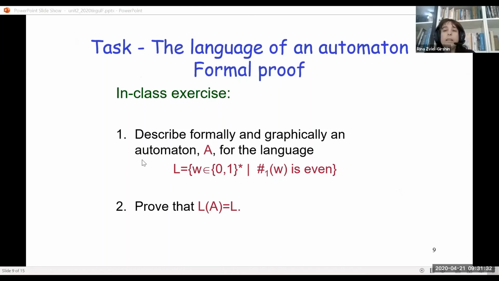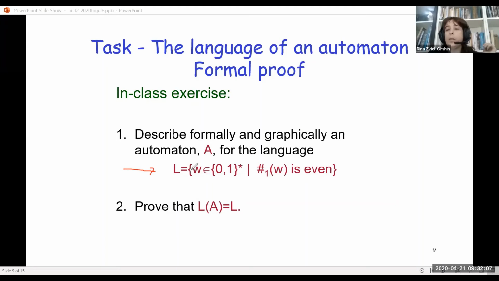This task is a class exercise. Here we are asked to give a formal proof that the language of the automaton and the language that was given are the same language. Once again, we were given the language L that accepts all words with an even number of ones. This is our given language.